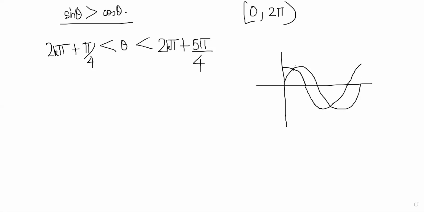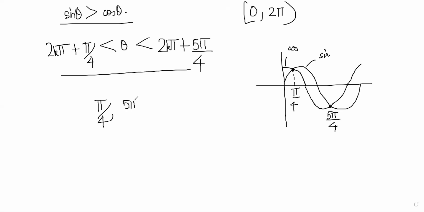This is my sine curve, and this is my cos curve. Sine is bigger than cos after pi by 4, and it is bigger till 5 pi by 4. So pi by 4 to 5 pi by 4 is my range inside the 0 to 2 pi interval, whereas the general answer for this inequality is the one above.